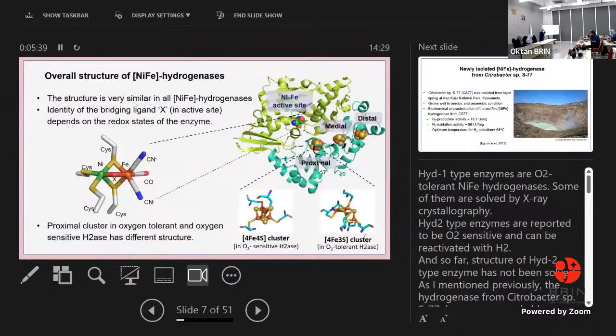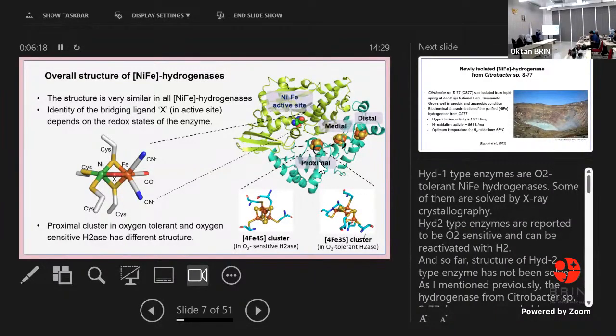Okay, so the next one. This is the overall structure of nickel iron hydrogenase that has been solved by previous researchers. This is the standard nickel iron hydrogenase. The active site has an X bridging ligand, which connects nickel and iron. The state of the hydrogenase is determined by what type of X is present.